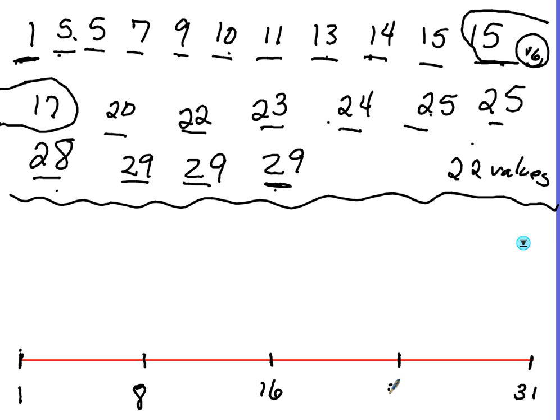So maybe 25, 22. Okay, so right now I'm just making a number line equally divided.